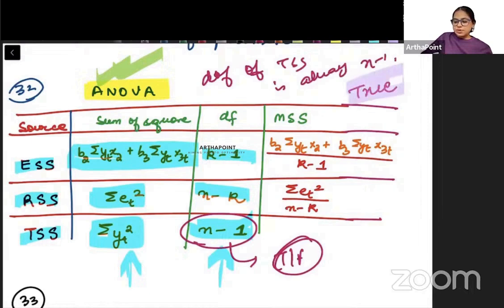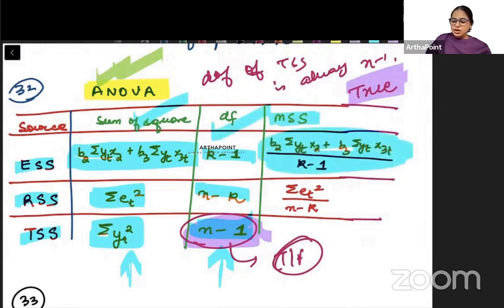So this is a true statement. हमेशा TSS का degree of freedom will remain at n minus 1. So this is your mean sum of square, which can be written as this divided by this, right? And RSS का mean sum of square will be this divided by this.